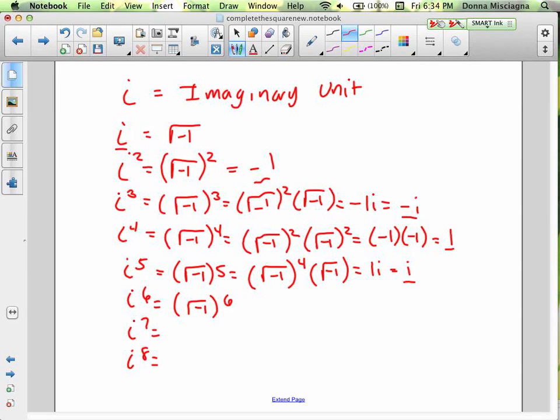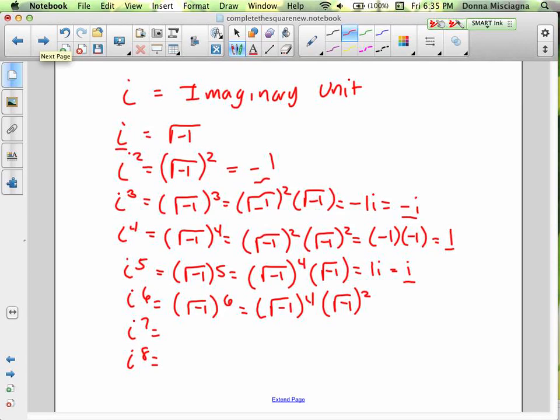So i to the 6th is the same as the square root of negative 1 to the 6th power, because i is just the square root of negative 1. This is the same as the square root of negative 1 to the 4th times the square root of negative 1 squared. That would be the same as the square root of negative 1 to the 6th.